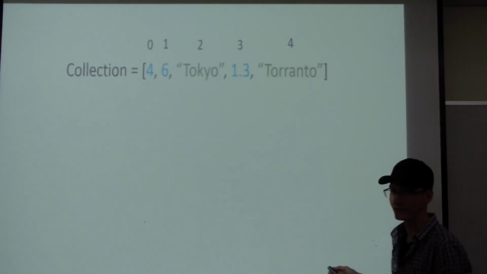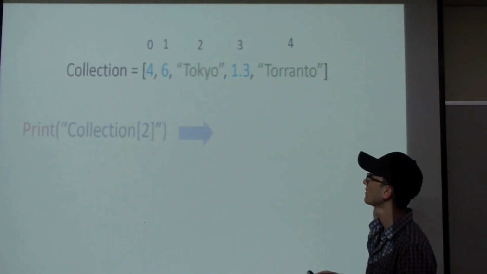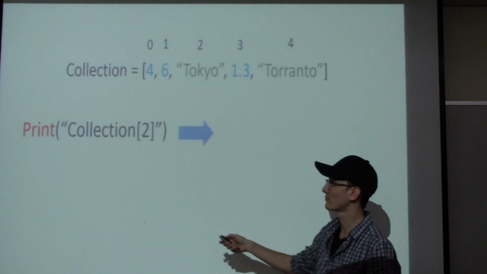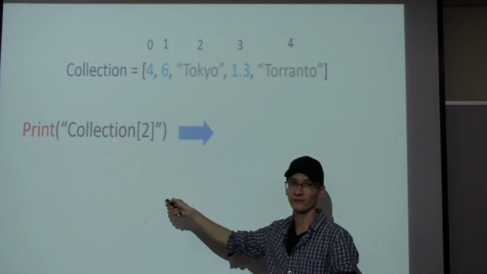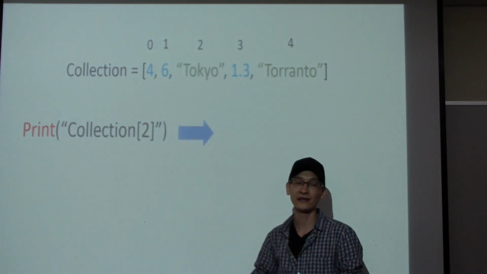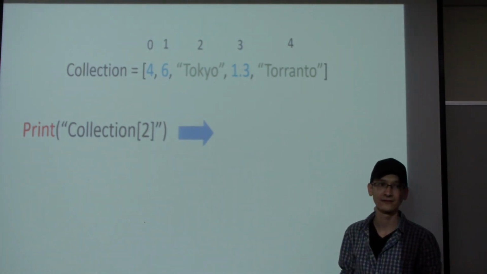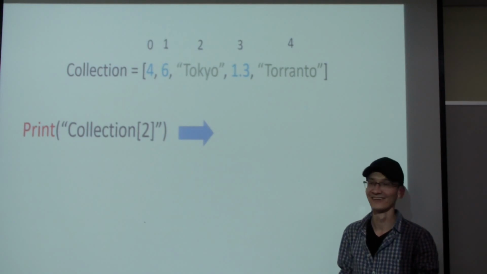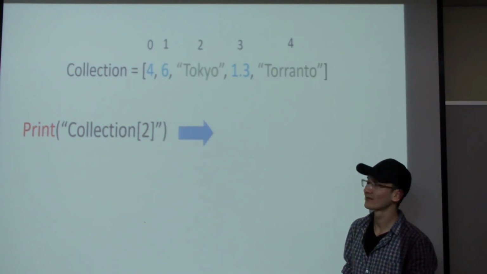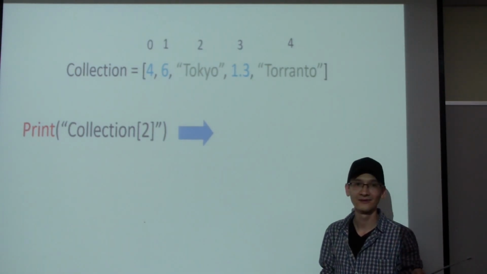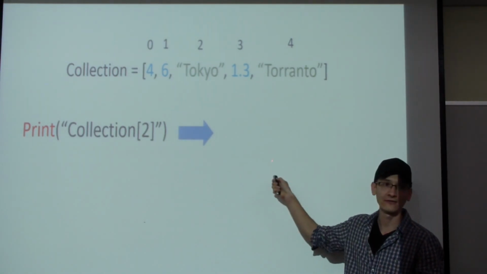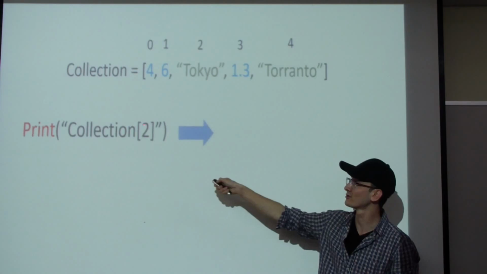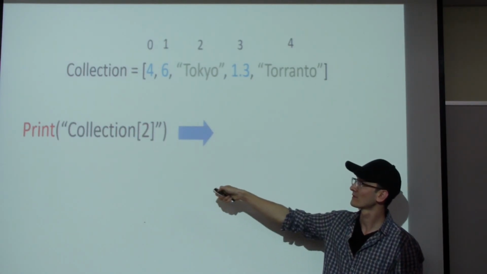So this is our previous list. Now we'd like to print the element 2 from the collection list. What kind of result will we have? Tokyo.